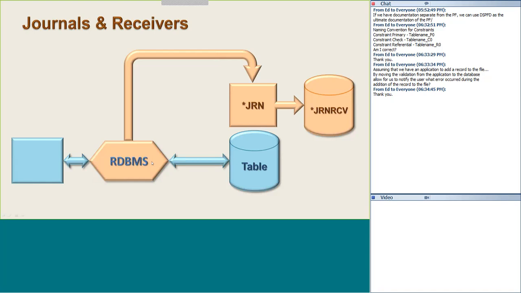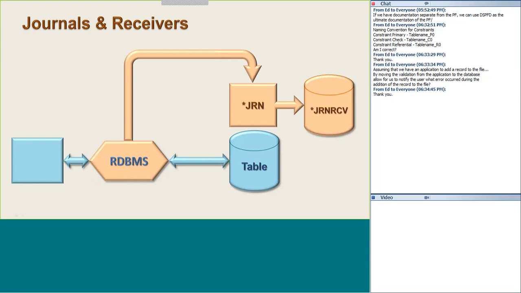Now, very important to understand why we need journaling when we are using commitment control. I will have a record written into the table before I check referential constraints, before I commit the change, and before certain triggers have been called.